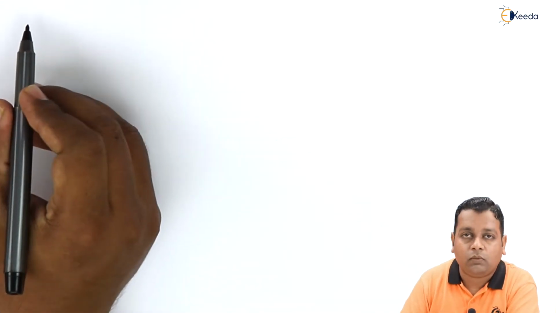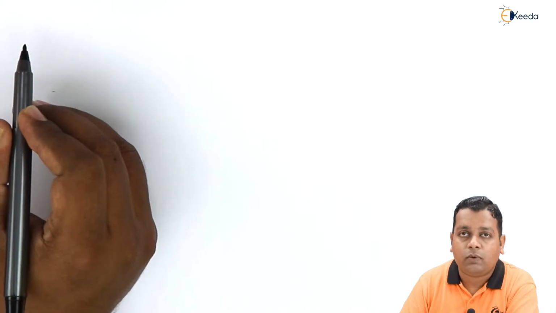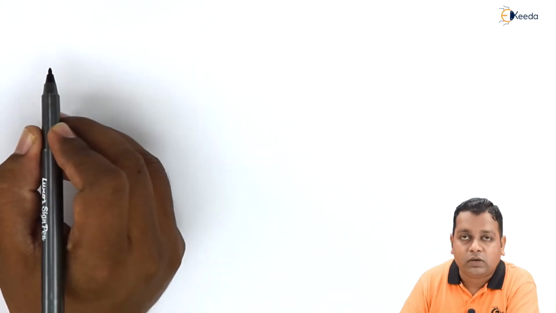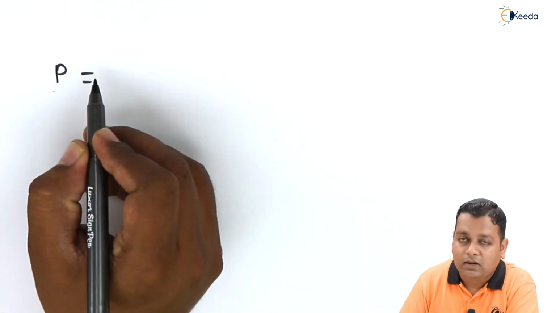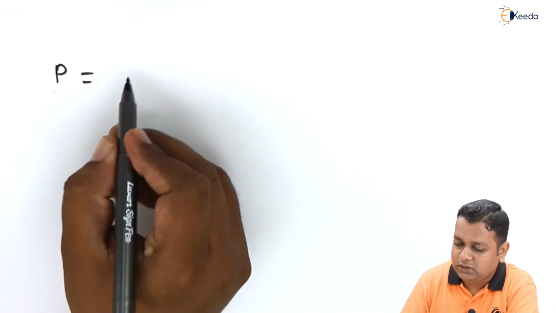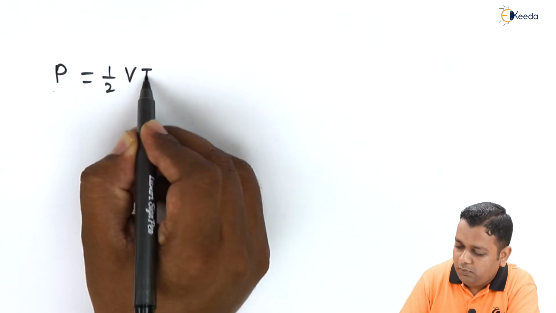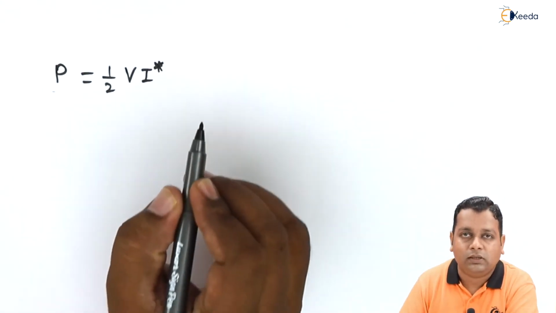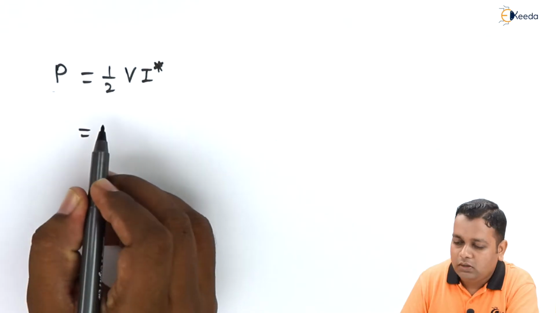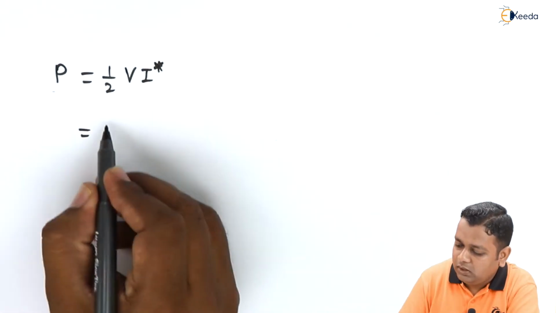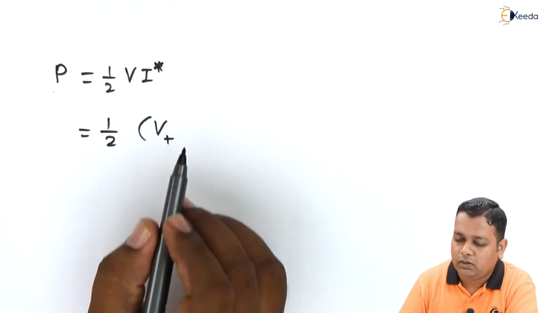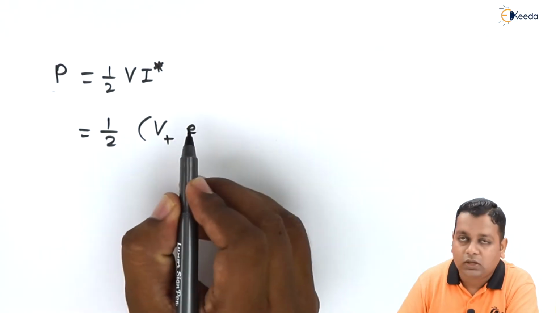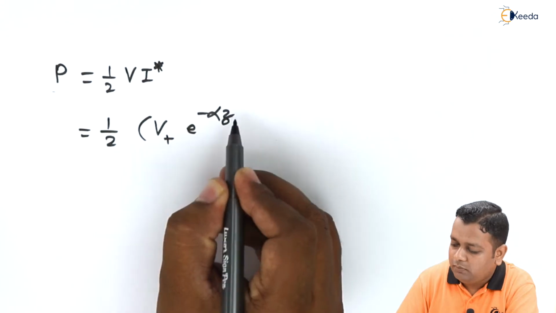Here we shall first talk about the power that is carried by the microwave signal in the positive z direction. It can be simply represented by P, and in terms of voltage and current we can express it in the form 1 by 2 into capital V into I asterisk in the complex representation. This can also be written as 1 by 2 into V positive, the peak value of the voltage, multiplied by the exponent e to the power minus alpha z.